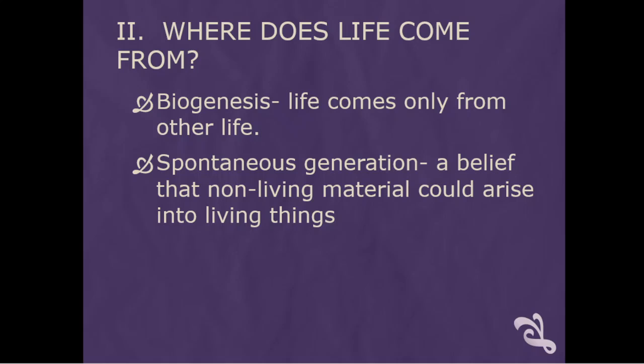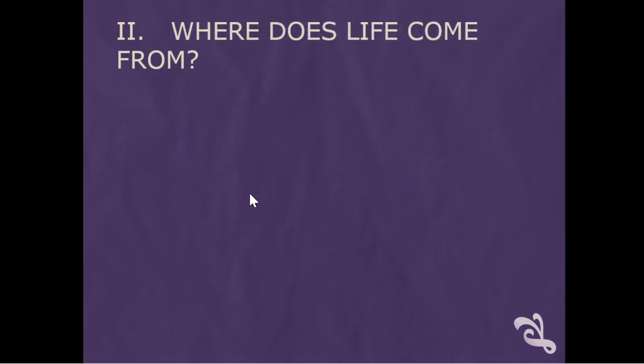Spontaneous generation, and these are pretty important definitions, a belief that non-living material could arise into living things. So that means like a rock could spontaneously generate a fly. So I'm going to show you an experiment that actually disproved spontaneous generation and how that came about.